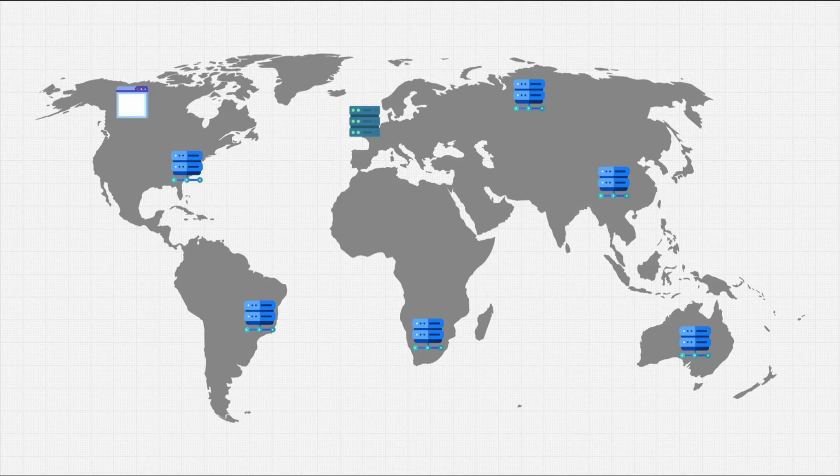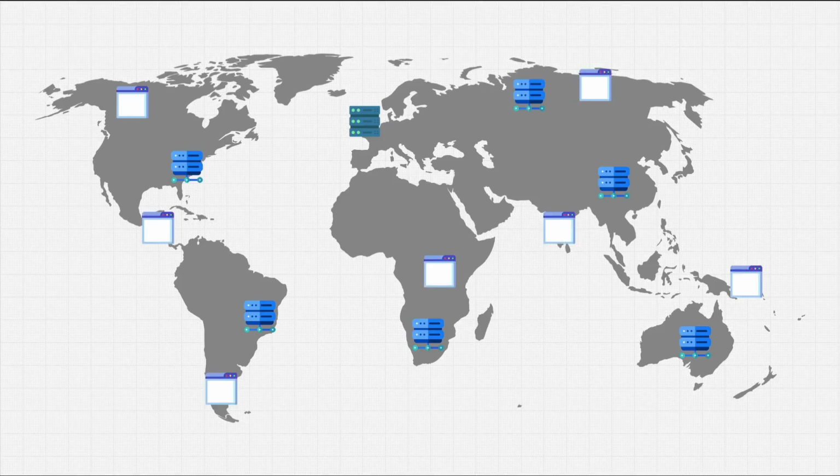So now when this same user wants to make a request, what will happen is that the DNS will work with the CDN to figure out the nearest edge based on the user's location. Then it will give the appropriate IP address so that instead of going to the origin server, it's going to find the nearest one that is also in North America, and then it's just going to make the request there. So this, again, is going to work for users all around the world, wherever they are.